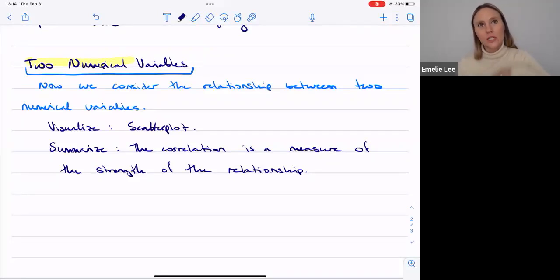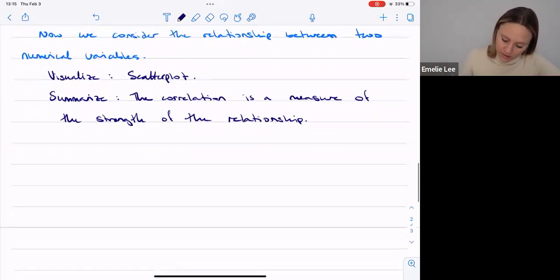So correlation is on a scale from -1 to +1, where 0 means that there's no relationship. And then we can have negative relationships or positive relationships that are equally strong as we move out towards 1, right? And so here, we're going to have kind of a number line.